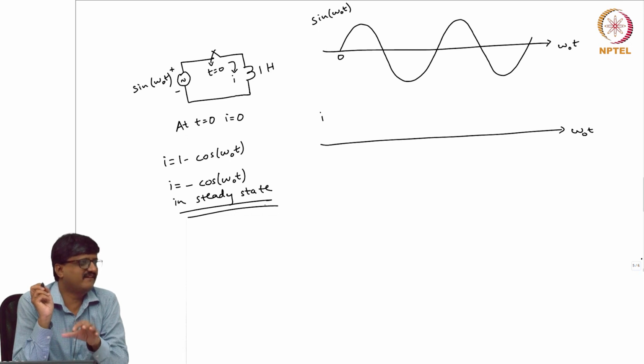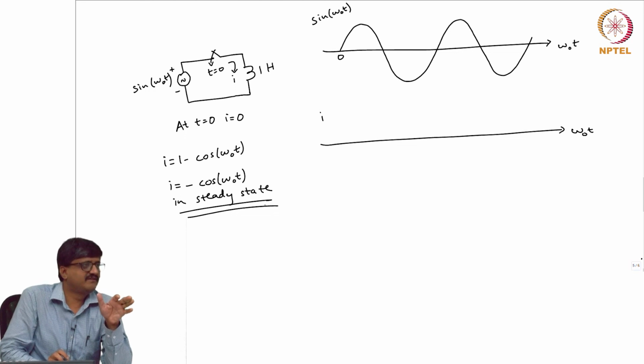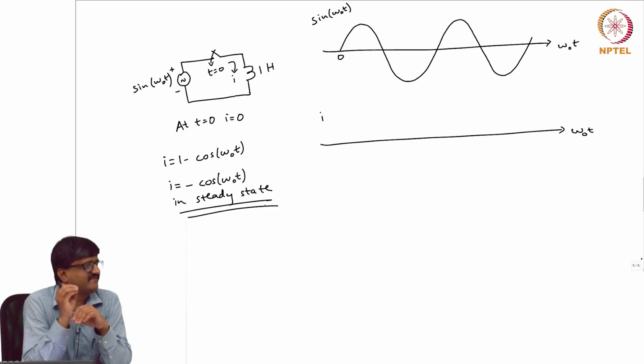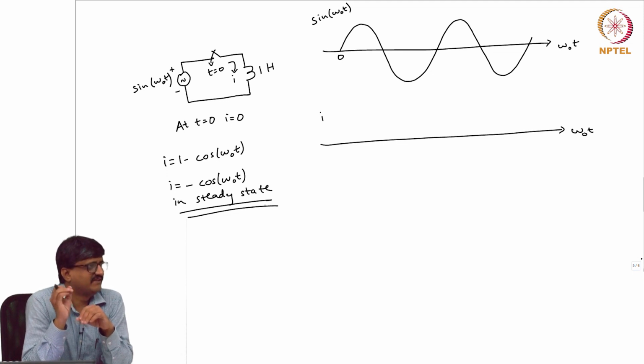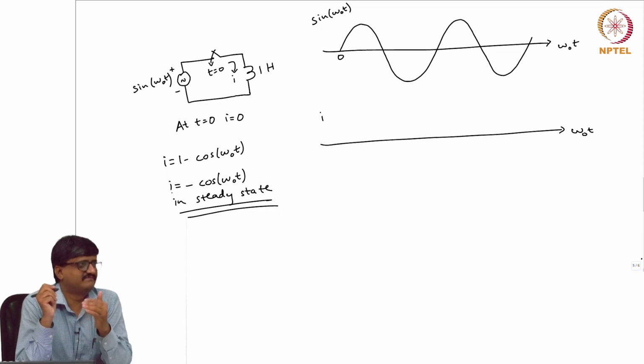To start with, we may study some circuits by themselves, but as we go on, we are only considering circuits which represent some physical system. When we consider such a circuit, resistance equal to 0 does not mean there is no resistance. It just means resistance is negligible. So the steady state waveform will be equal to minus cos omega_0 t because resistance is ignored. I hope it is clear.